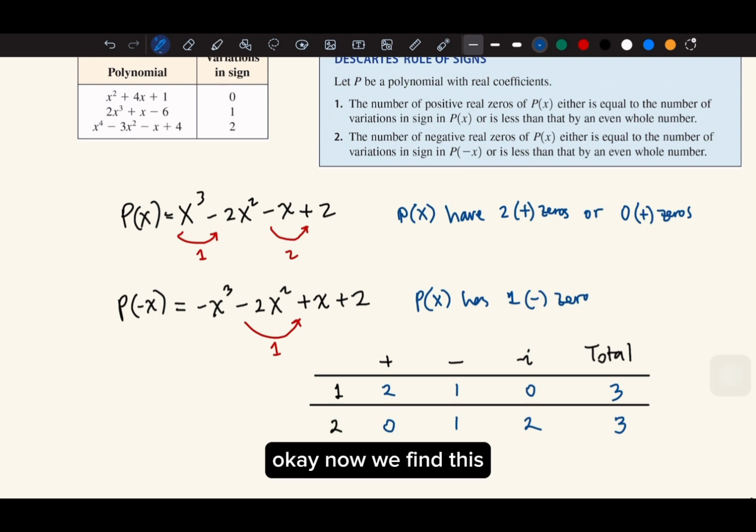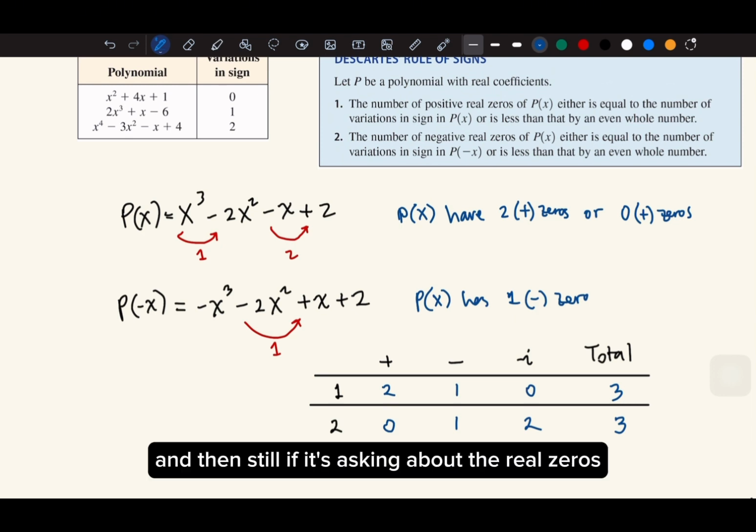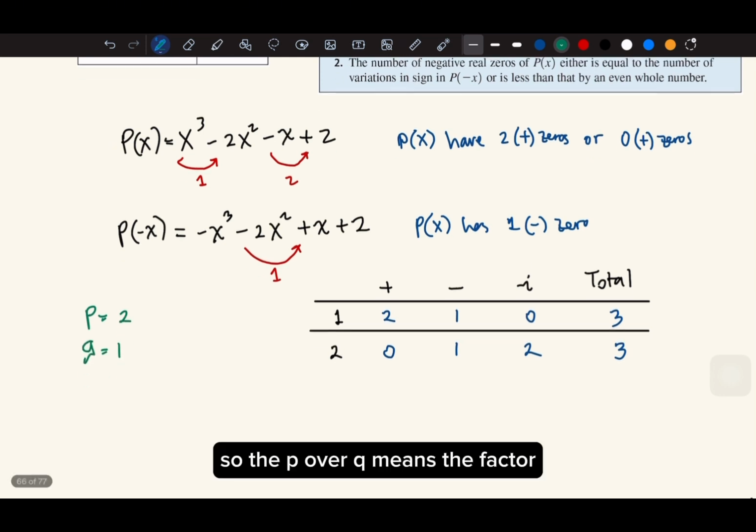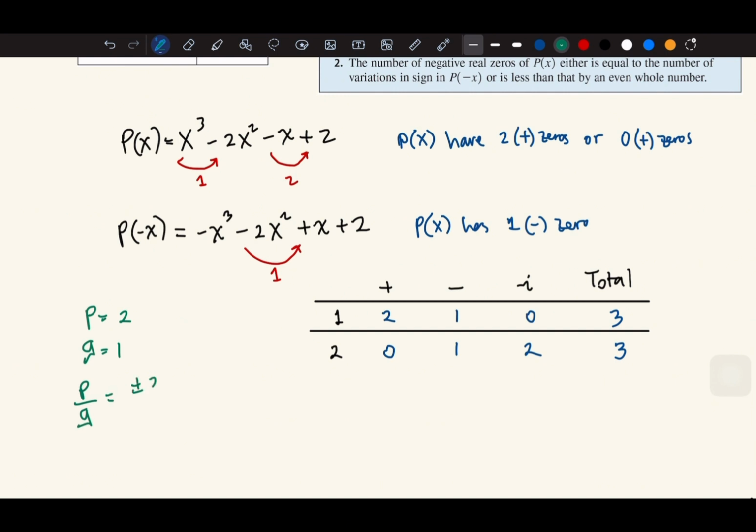Now we find this, and if it's asking about the real zeros, then we need to check the P and Q. So P is 2, and Q is just 1. So P over Q means the factors.